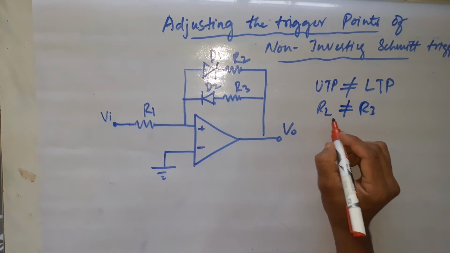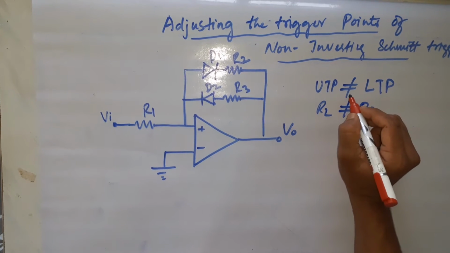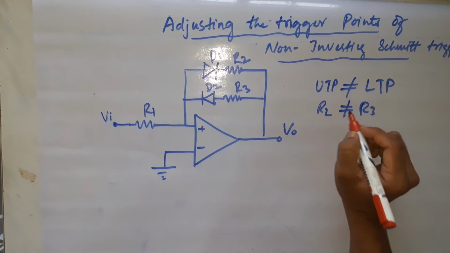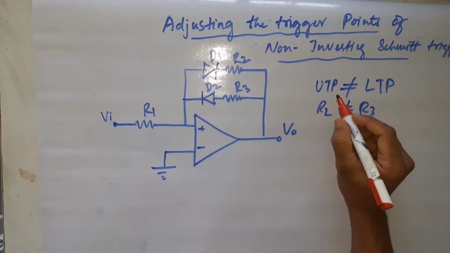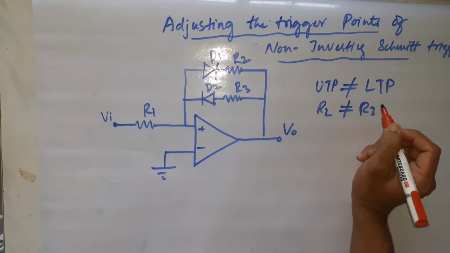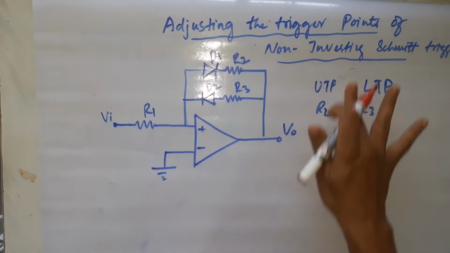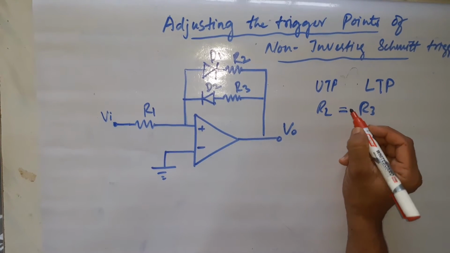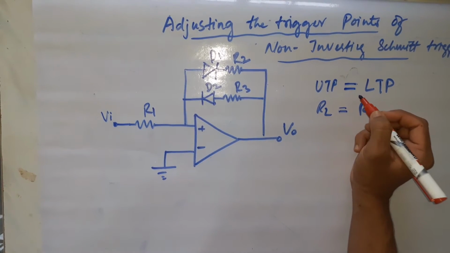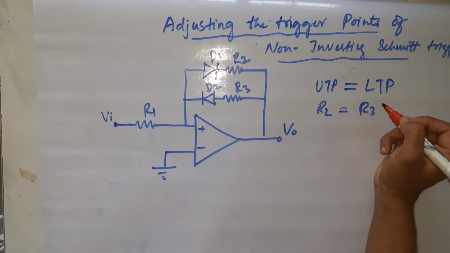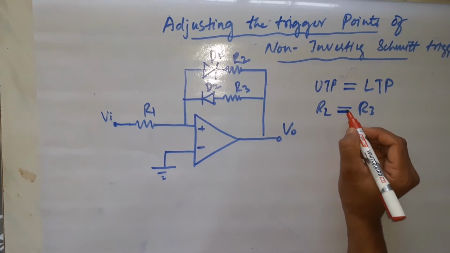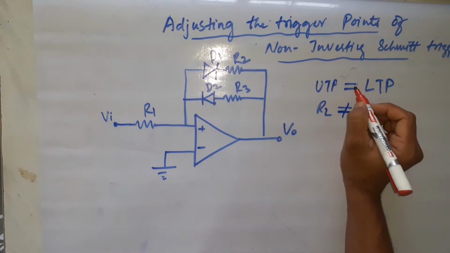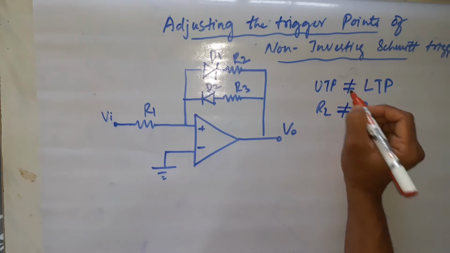If R2 is equal to R3, then UTP is equal to LTP. Understood? So purposely we should have R2 not equal to R3 so that UTP is not equal to LTP.